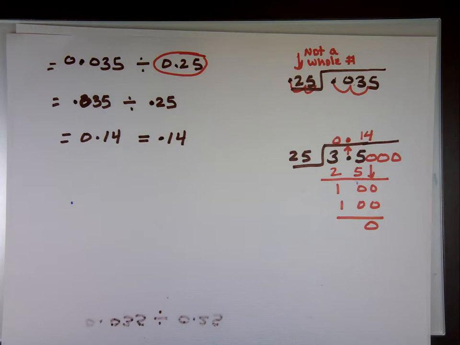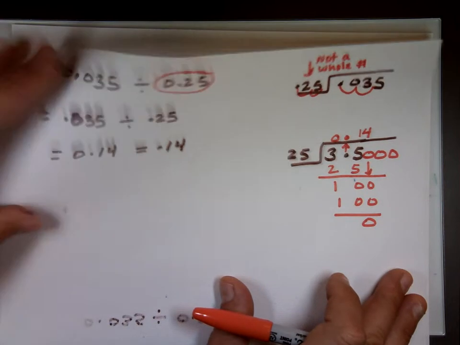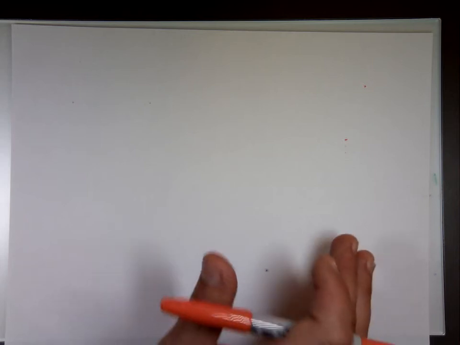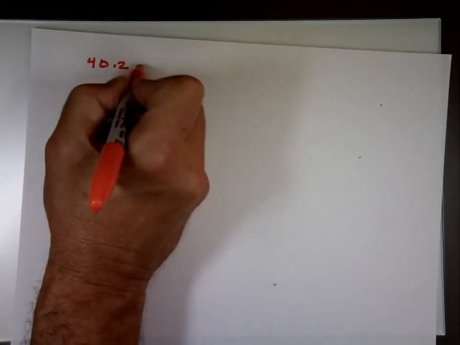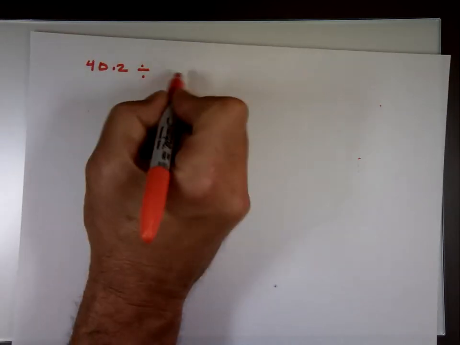Let's try another one. A little more, actually. 0.2 divided by 0.7.